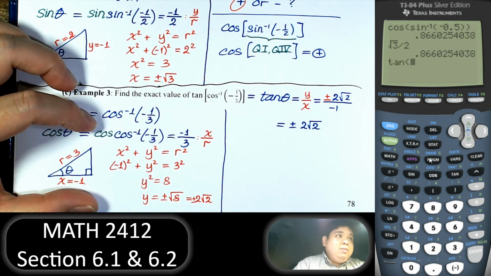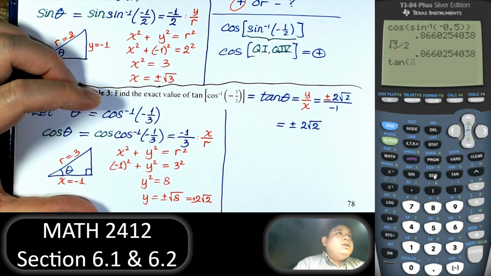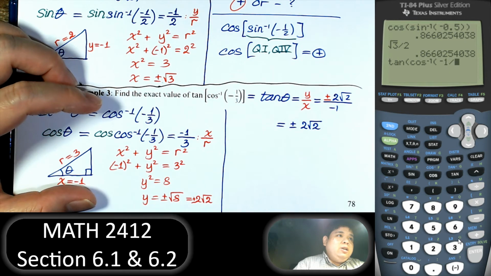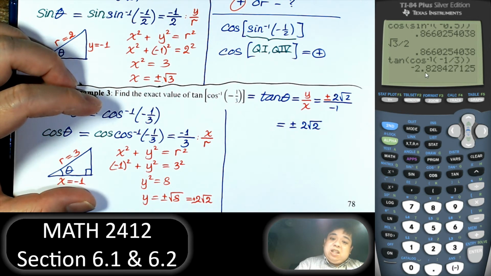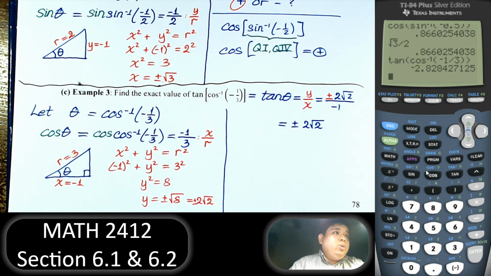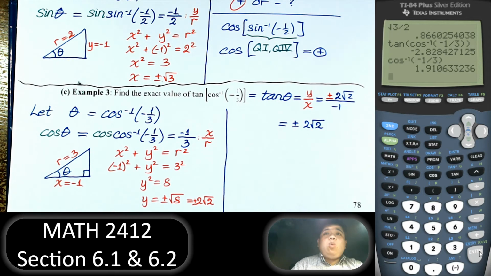Tangent of cosine inverse of -1/3. Alright, so that is negative. How do we know it's negative? Think about this. All we do is take cosine inverse of -1/3 first. That is quadrant 2.